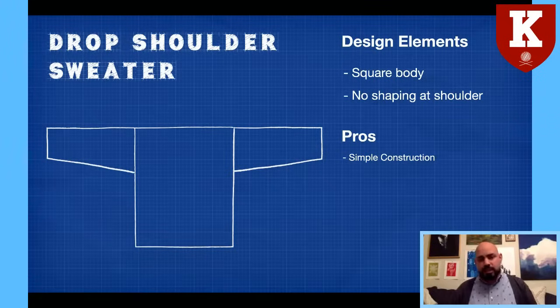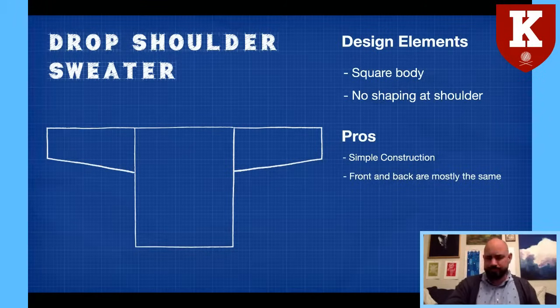And then the sleeves, while you will probably do some shaping for the taper along the sleeve, you don't have to do any shaping at the shoulder in order to get it to lay down along the body. The front and the back are also mostly the same on this one. And so the cons, again, it has a bulky fit.